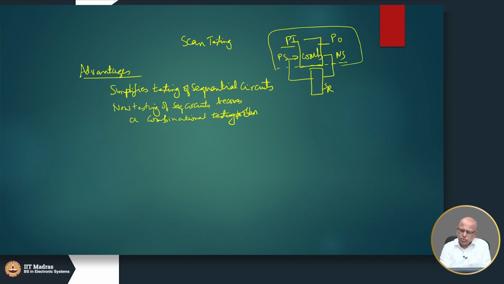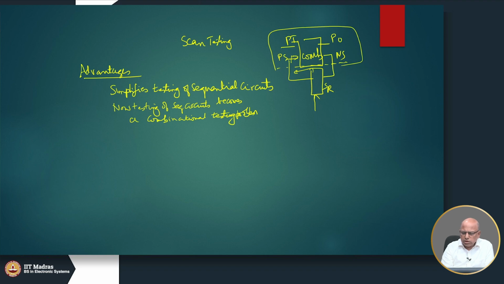So, it will generate test vectors for the combinational logic, and then we know what present state must be shifted in. That will be shifted in using the shift register operation. So, that is the biggest advantage of scan testing.